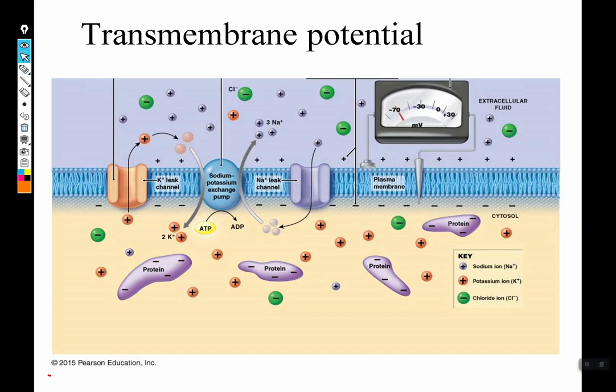So it just so happens that if you measure a neuron and you take into account both the number of pluses and minuses on either side and which ions are carrying those pluses and minuses, if you measure the inside, which is what this is showing you, it's a probe that's measuring the number of charges inside, and then there's a reference electrode out here, which is measuring the positive charges out here.